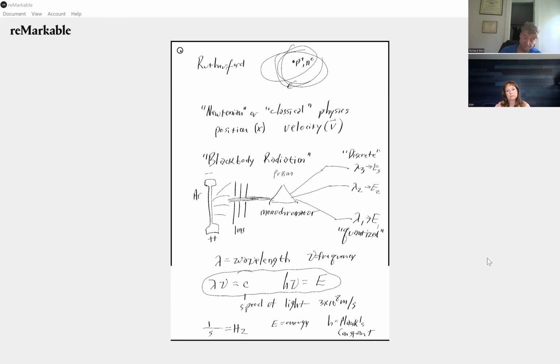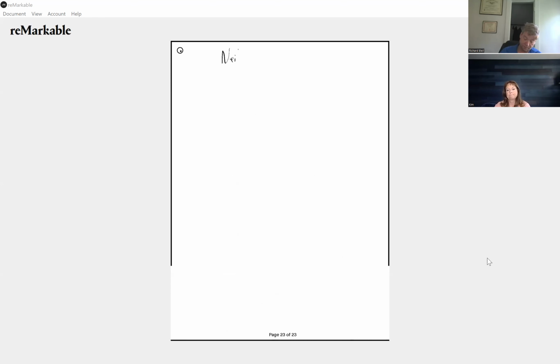Niels Bohr came to realize that these energy levels will follow an equation like this. This is a symbol of proportionality.